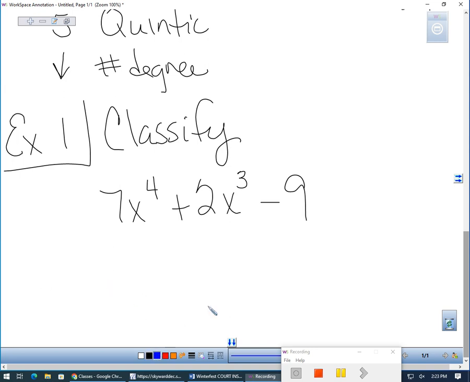My highest exponent is a 4. This is in standard form already. What is the word for 4th degree? Quartic. Very good. Quartic. Then we look at the number of terms. There are 1, 2, 3 terms. So that is a trinomial.